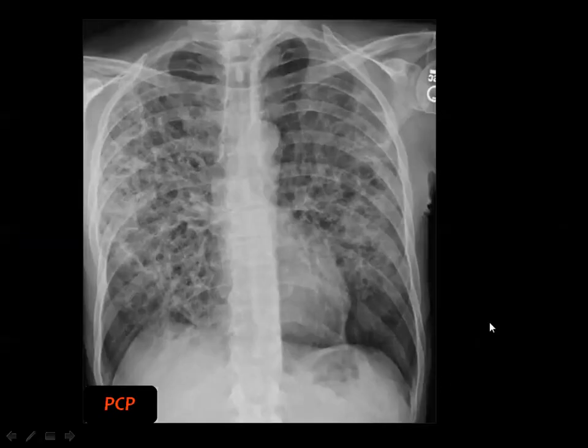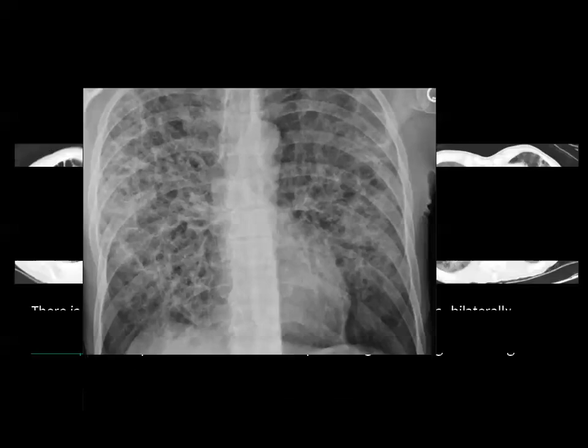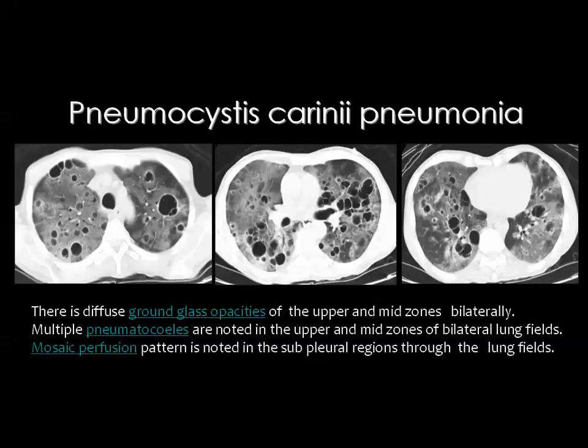And if you know that this patient is HIV positive, you should interpret the changes in the chest X-ray and the CT scan on this basis, and you consider in your mind the possibility of pneumocystis pneumonia or pneumocystis jirovecii.